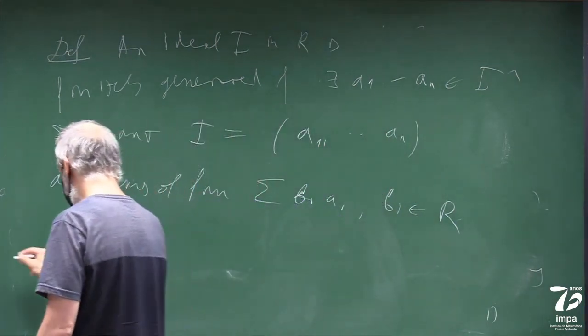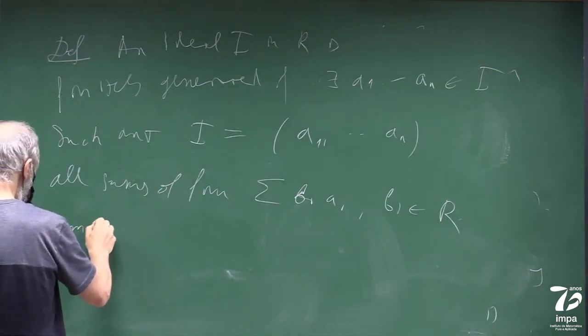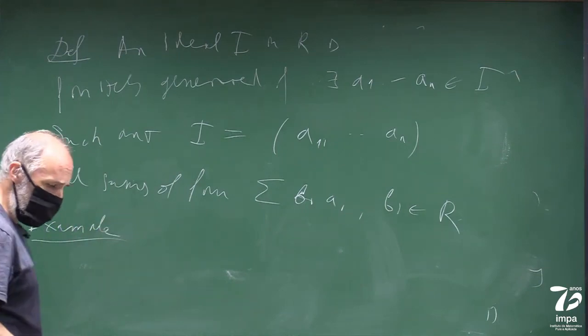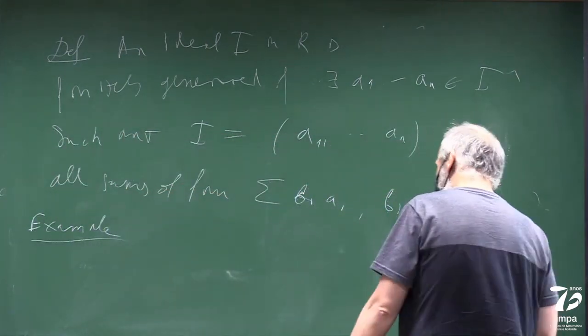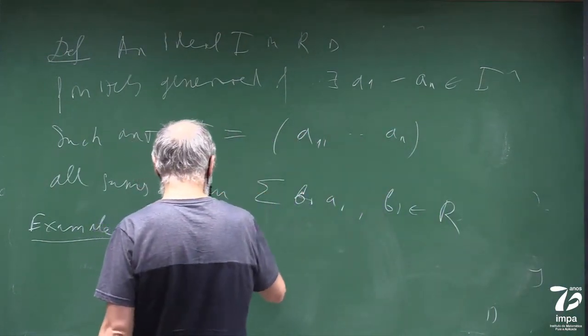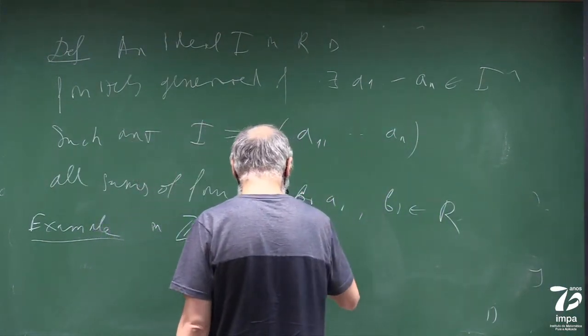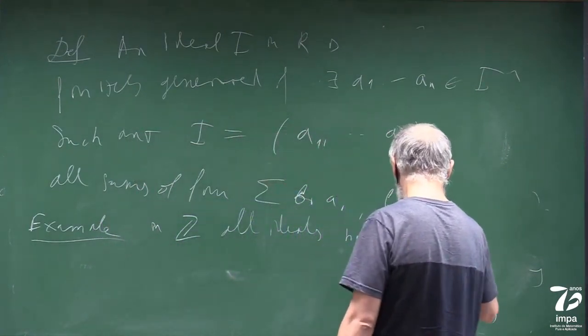Now, let me give you an example. Well, it's sort of easy to find examples of ideals which are finitely generated because most ideals are finitely generated. For instance, in Z, all ideals have the form (n).